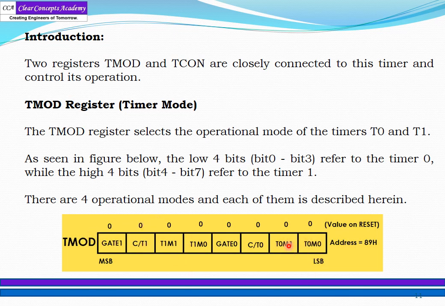These two bits are used for selecting the timer mode, and C/T is used to choose whether it works as a timer or a counter. Gate, when it is set to 1, will take care of the external interrupt, and when gate is set to 0, it will not depend on the external interrupt output. Now what the bits are, we will see in our subsequent slide.